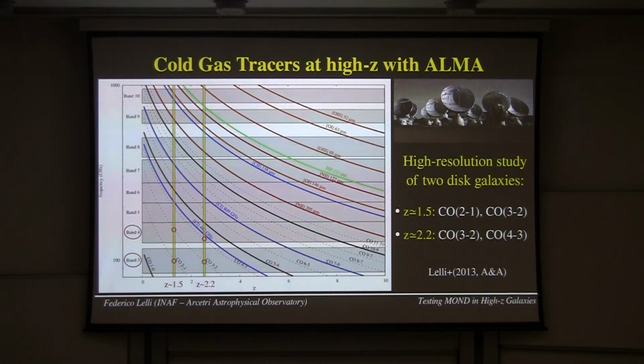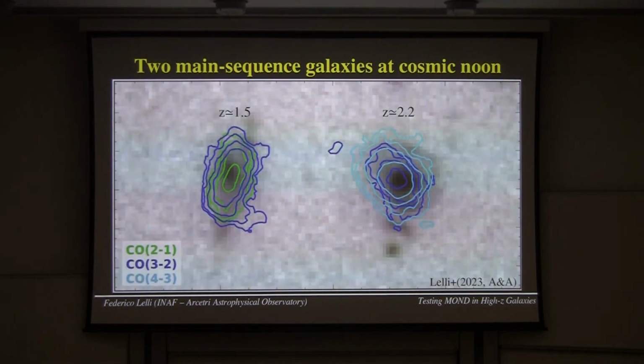So in this talk I will focus on these galaxies that we observed using ALMA. The first one is at redshift 1.5, for which we get the CO 2 to 1 line and the CO 3 to 2 line. And then a second one at redshift 2.2, for which we get the CO 3 to 2 and the CO 4 to 3. So these are the two galaxies. They are close on the sky, although they are not physically associated.